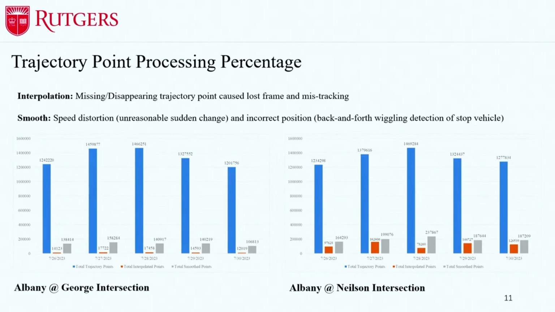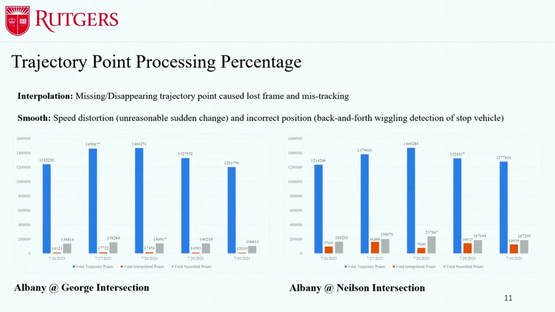Here I will show some of the preliminary results of our trajectory processing. The first one is about the overall data quality of our trajectory data in these two intersections. This is only the peak hours, 2 hours for each day, and you can see there are millions of trajectory points within that time period.